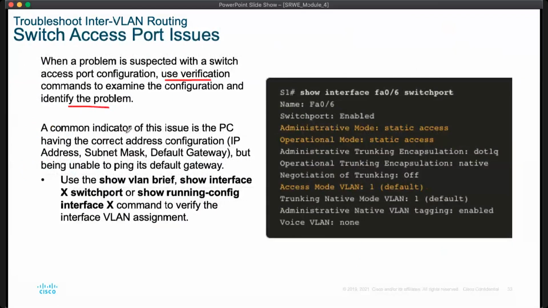A common indicator of this issue is the PC having the correct address configuration, which is IP address, subnet, and also default gateway, but being unable to ping its default gateway. So use the show vlan brief, show interface X switchport, and show running-config interface commands to verify the interface VLAN assignment.